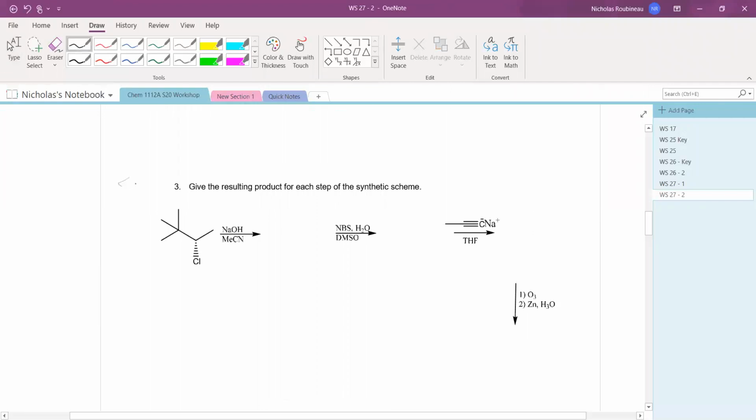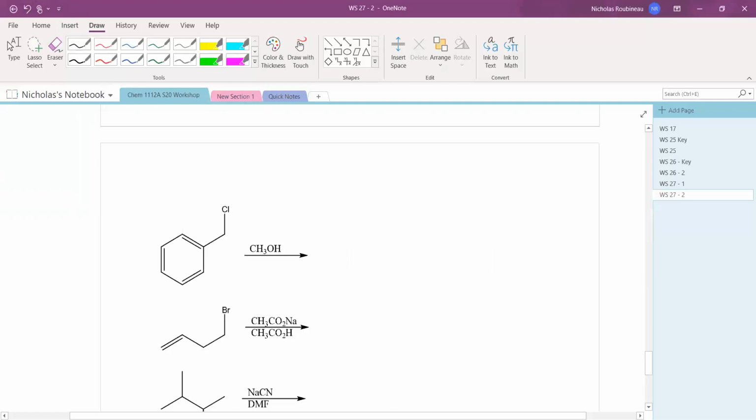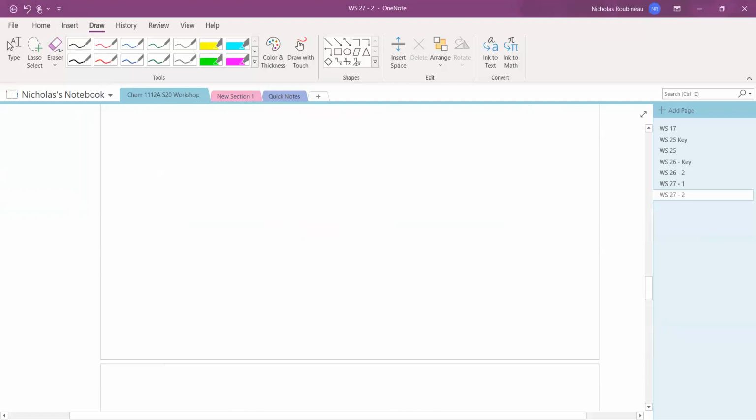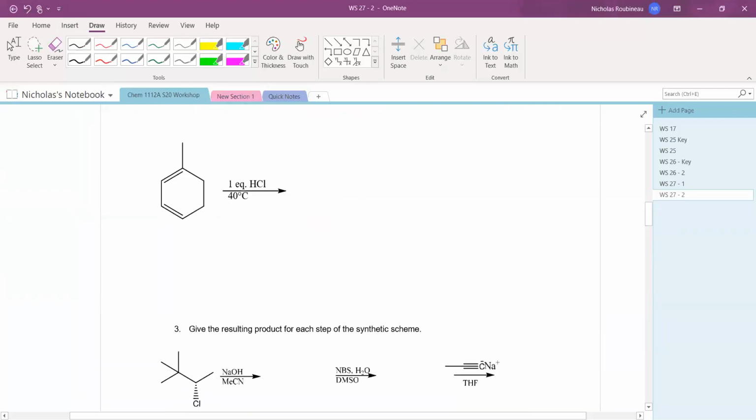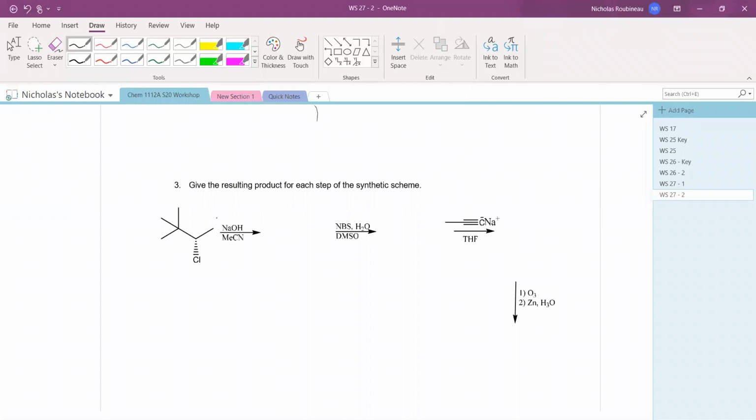What about this structure? Is that position chiral, the chlorine? Yes, it is, because it has a chlorine, a methyl group, a hydrogen, and a tert-butyl attached to it. It has 4 different things.